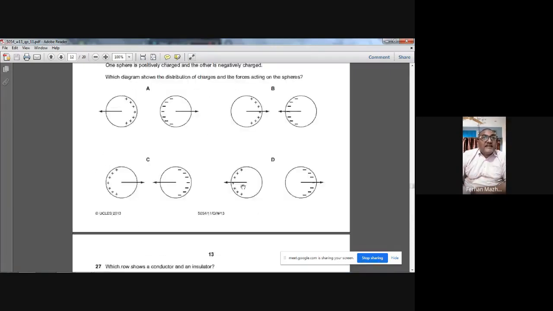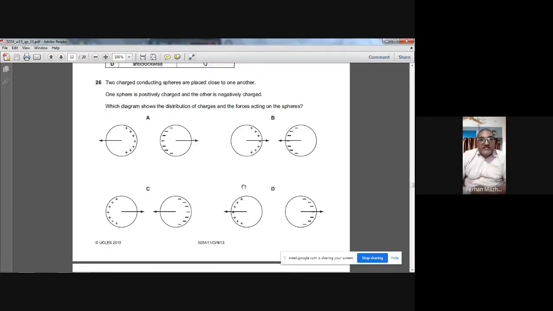Question number 26. It says, two charged conducting spheres are placed close to one another. One sphere is positively charged and the other is negatively charged. Which diagram shows the distribution of the charges and the forces acting? They are oppositely charged, so they must attract.